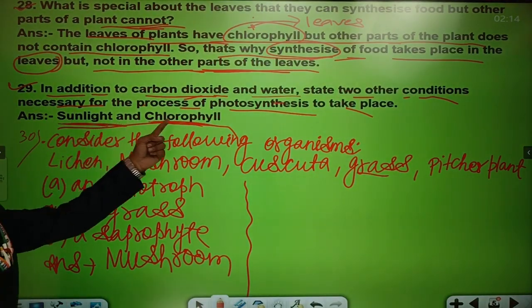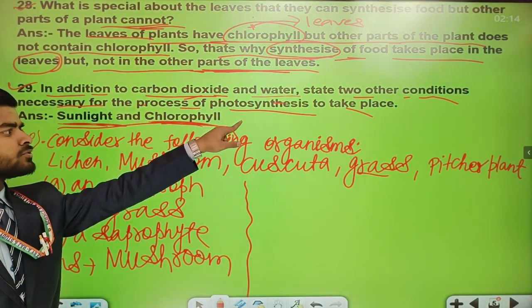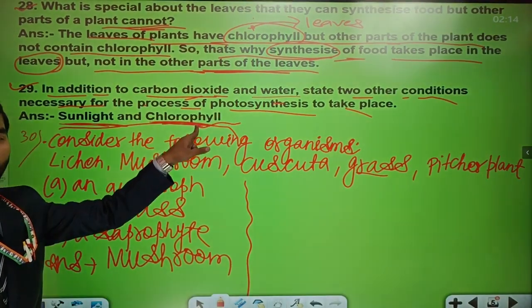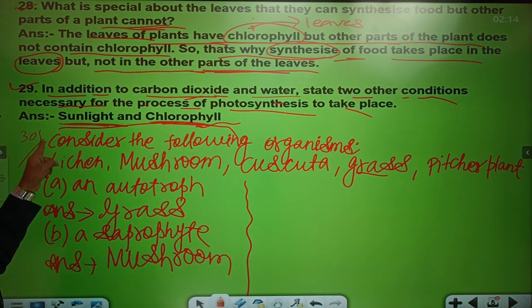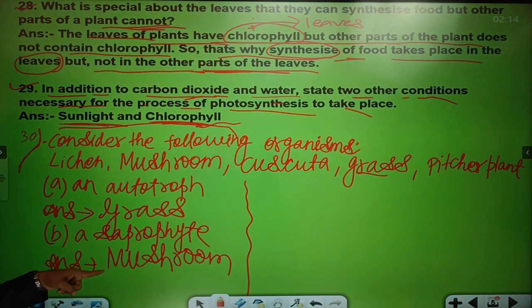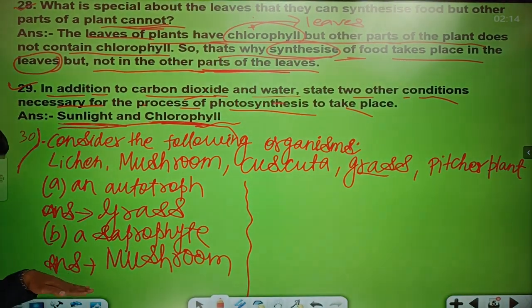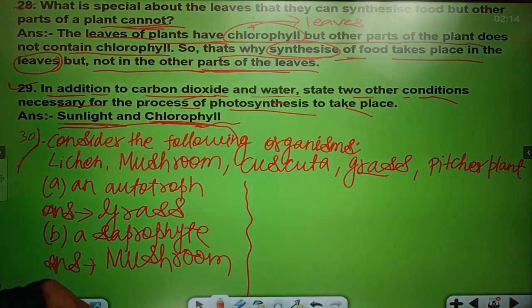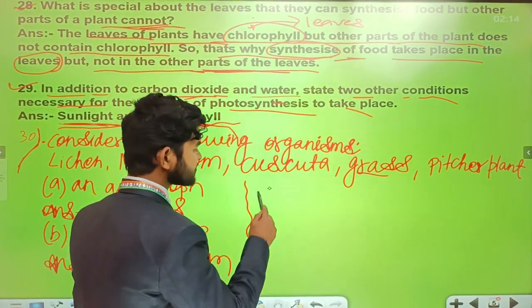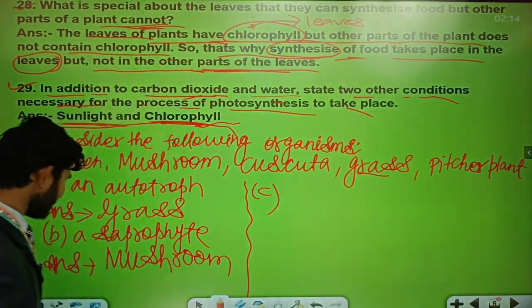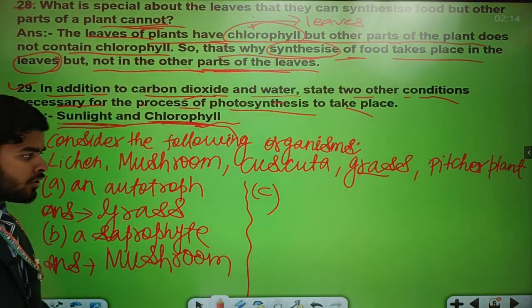You have written up to this particular line. Now we should write question number 30 up to this point. And what I'm going to write here, you must write down on your fair copy from here, because I don't have enough space. So that's why I'm starting here. You can start from here on your notes.